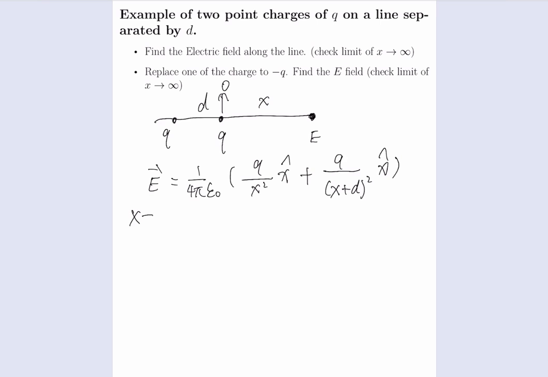Say we can take the x goes to infinity limit, and in this limit the d drops out, right? And so E simply goes to twice Q over x squared, x hat. And this means that if we are really far away from these two point charges, the two point charges actually look like one single charge of charge 2Q, right?